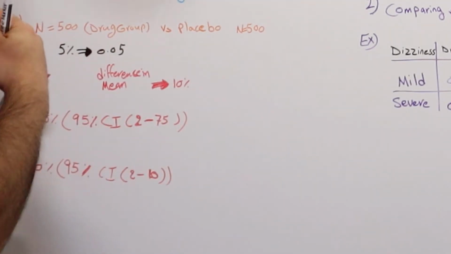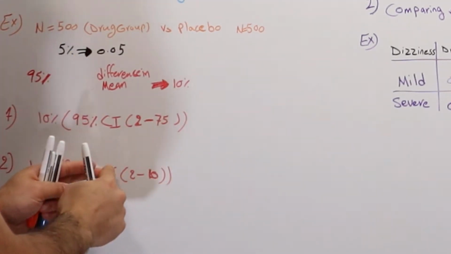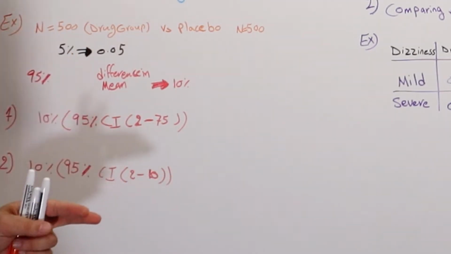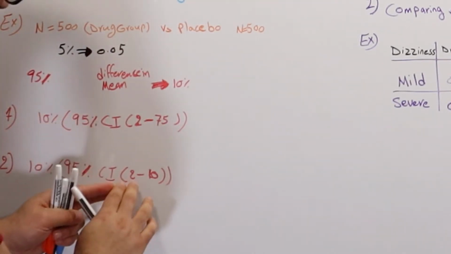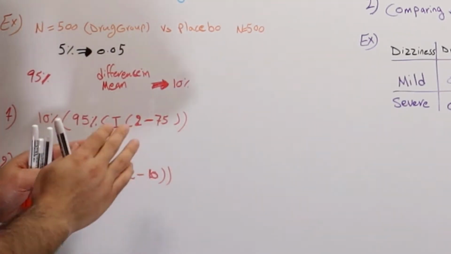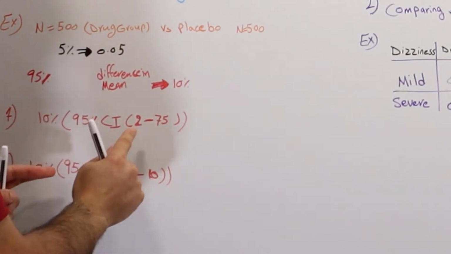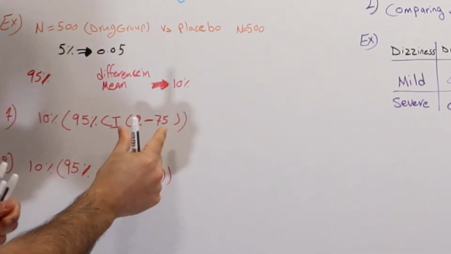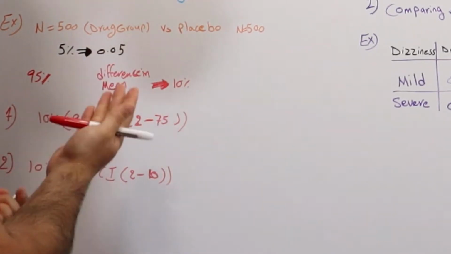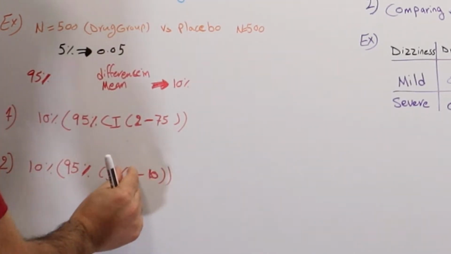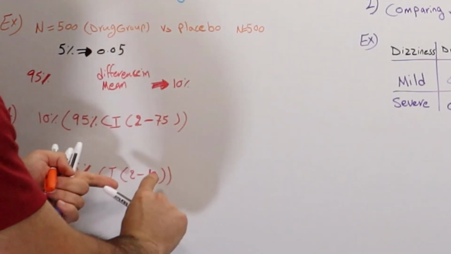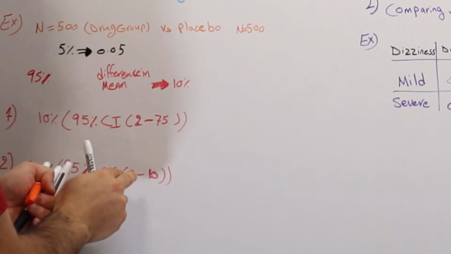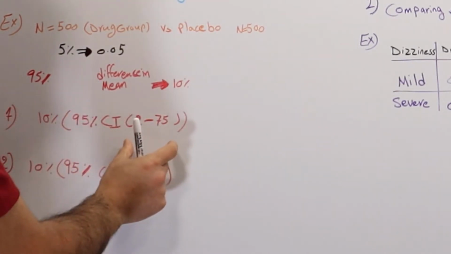When we have this narrow confidence interval range, the researchers are confident that it's going to happen between 2 to 10. However, if we have 2 to 75, it's really a long range, so they're not going to be as precise as 2 to 10. So that's the difference between data points when interpreting confidence intervals.